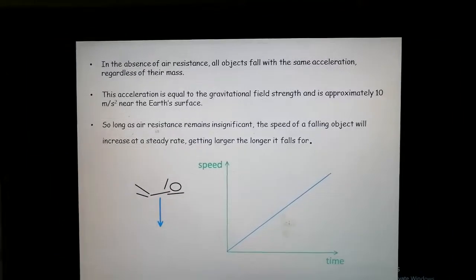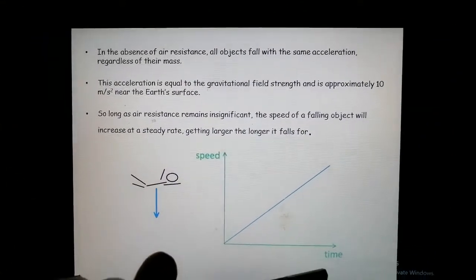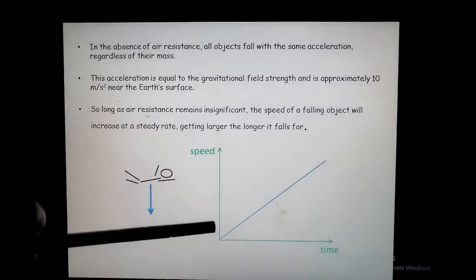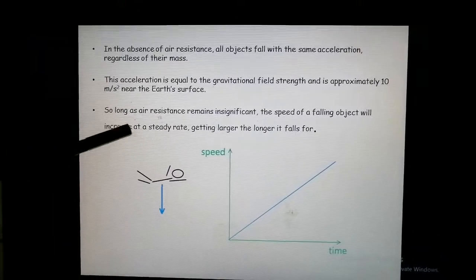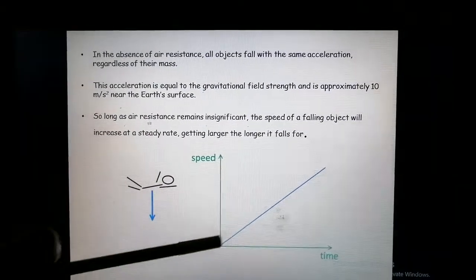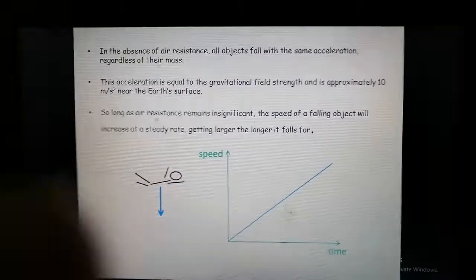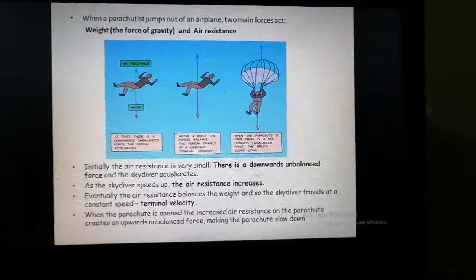So that's why free fall is related to the speed versus time graph, right? Look at here. The speed is increasing steadily, or we call it increase at a steady rate. So the acceleration is constant, right? Look at this example.